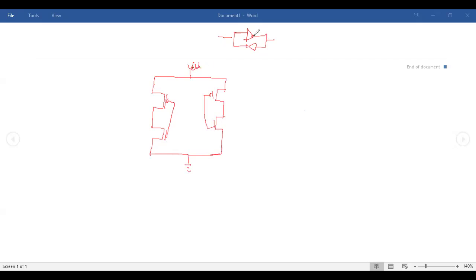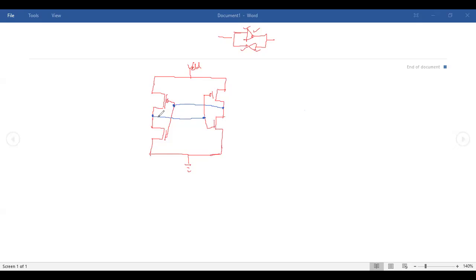You see, the output of this inverter is connected to the input of this inverter, and the output of this inverter is connected to the input of this one. So what I do is, for the output of this inverter, I'll take some other color. Output of this inverter is connected with the input of this inverter, and output of this inverter is connected with the input of this.